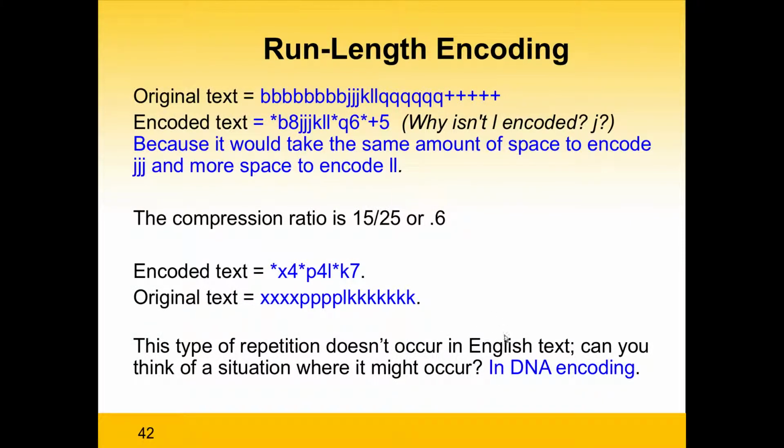The answer is in DNA encoding. In DNA encoding, you use a lot of the same characters, the RNA, molecules, proteins, and all that stuff. So there's a lot of repetition. So this encoding will save us a pretty good amount of space, around 0.6 compression ratio.